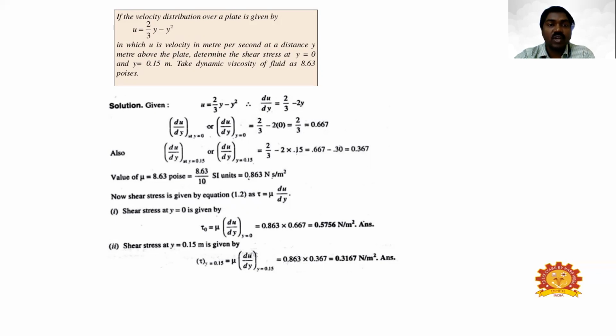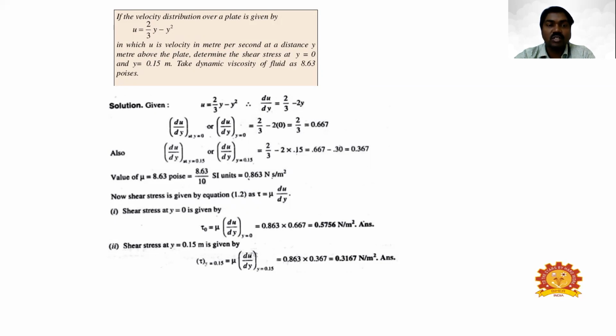The shear stress at y equals 0, tau equals mu du by dy. We substitute the value of mu given in the question itself, 8.63, into the du by dy value we have calculated, 0.667, which equals 0.756 Newton per meter square.